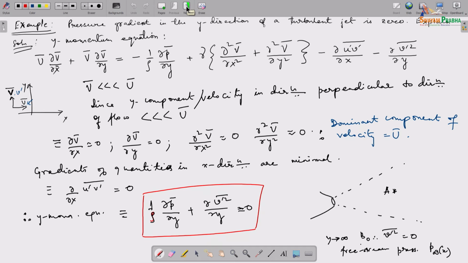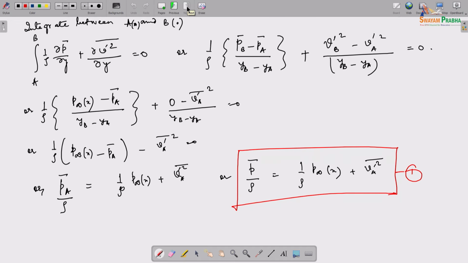And what I can see here is that there is actually no dependence on anything in the y direction from what I see here. However, the question was the pressure gradient in the y direction. So let us see what it is going to tell us. The pressure in the y direction at a particular location is not changing.